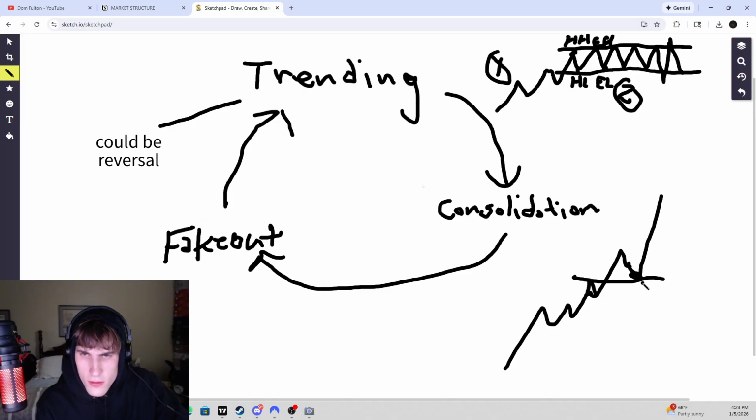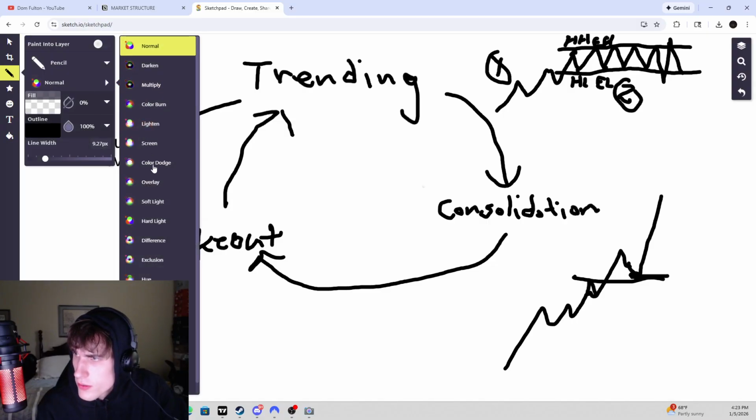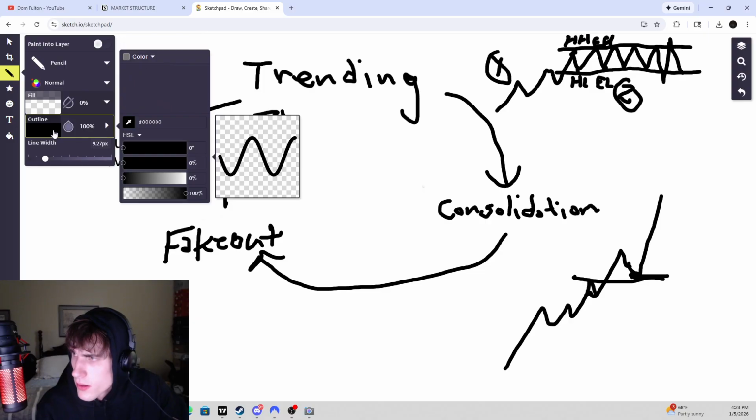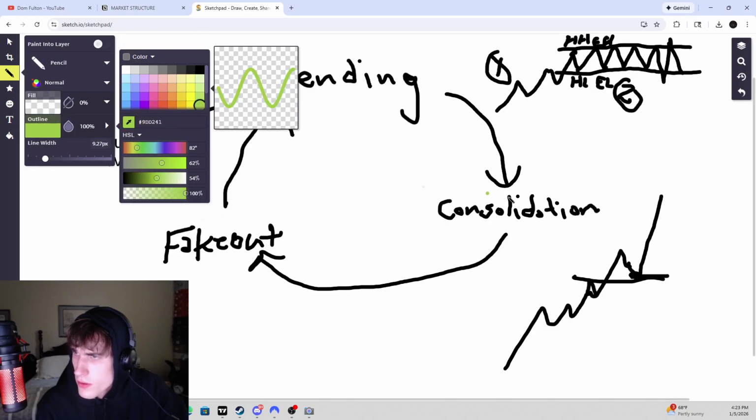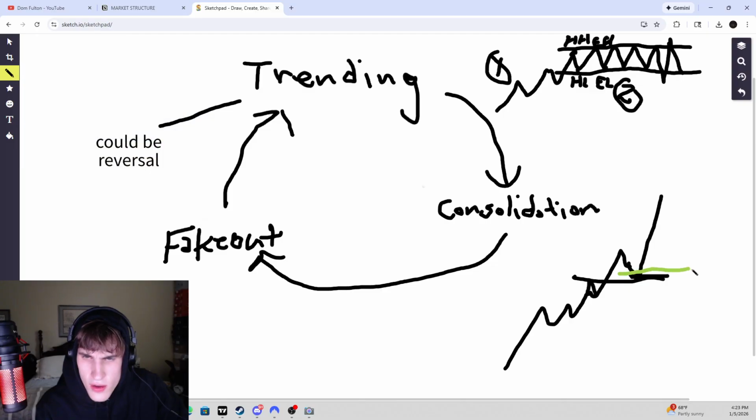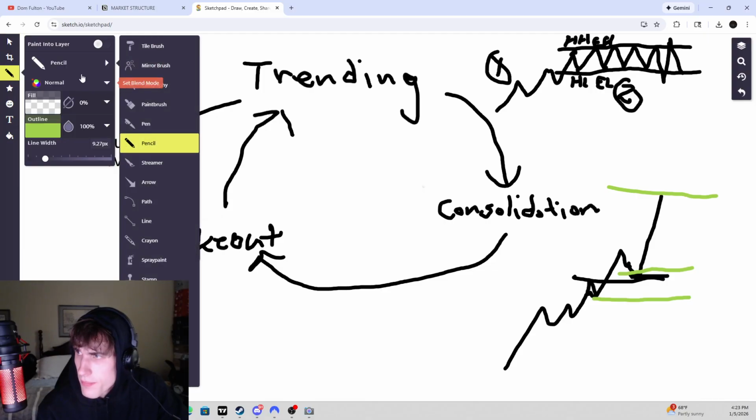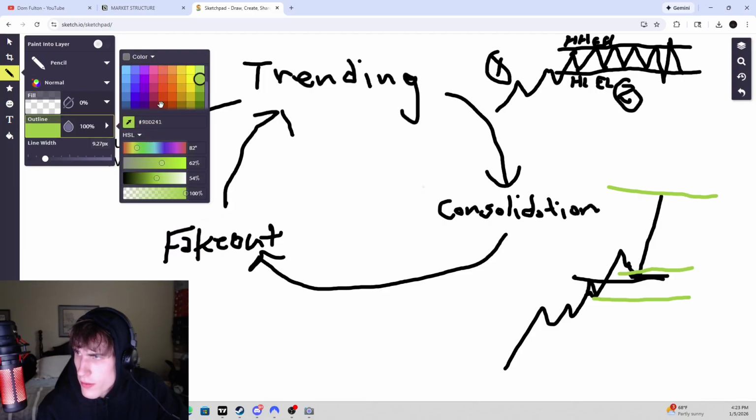What the market can do, let's say your entry is right here. I'm going to change the color, we'll do green. Let's say you got in right here, okay? And you're targeting, let's say the next previous high was up here, and your stop loss is below here. I'm going to draw this in red so you know.